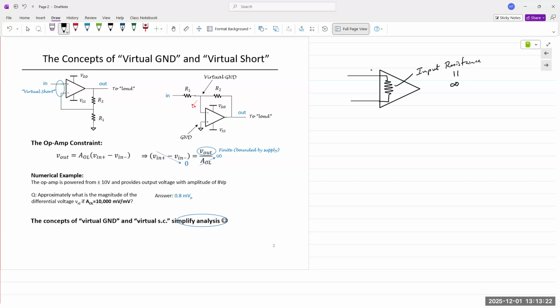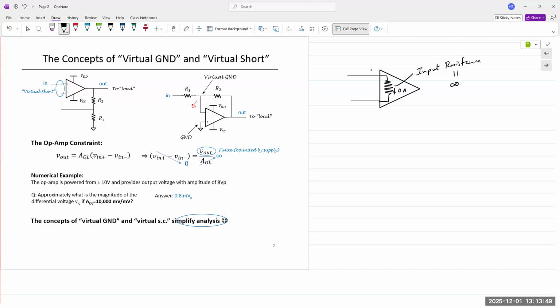So current going in or traveling between these two terminals is zero. If it's zero, that means there is no voltage drop across those terminals. In other words, we are saying that both those terminals are the exact same voltage.